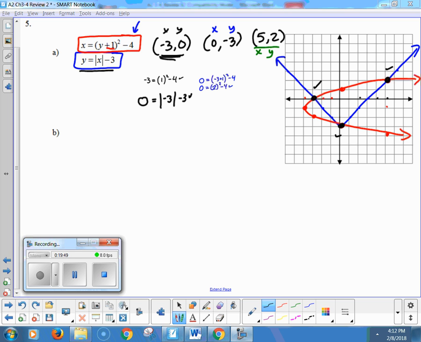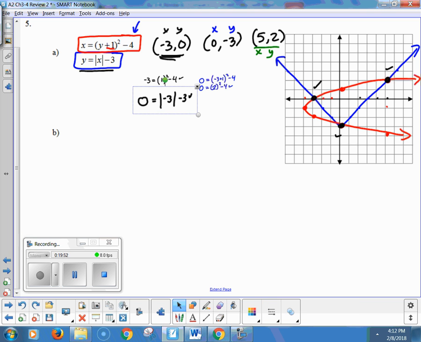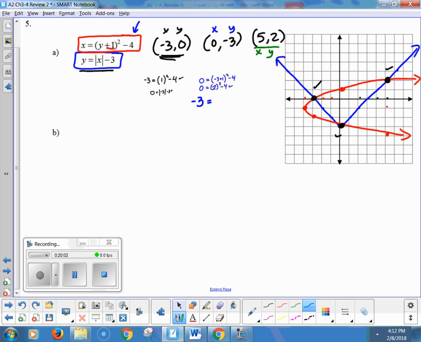Let's see if I'm allowed to shrink it down. All right. In this one, it would be y, -3 must equal the absolute value of 0 minus 3, which also works. Crazy. Okay.